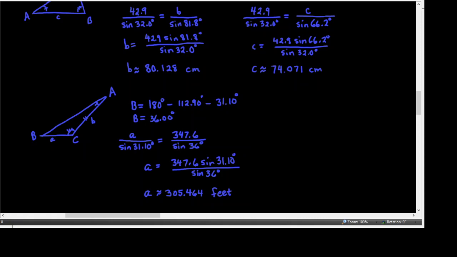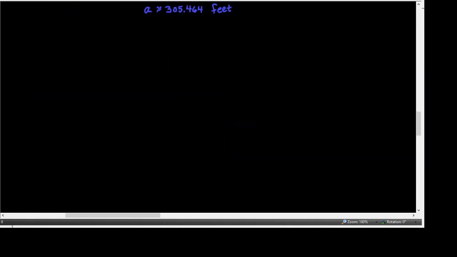All right, so let's go to another example. So the next example is two stations are on an east-west line 110 miles apart. So here they are, 110 miles apart.